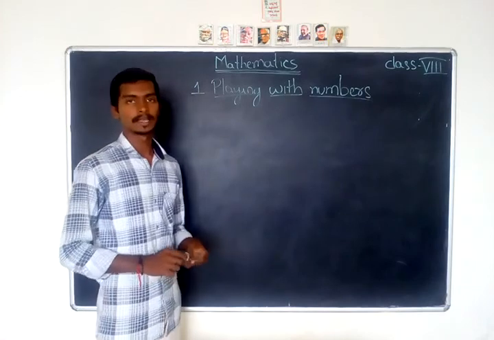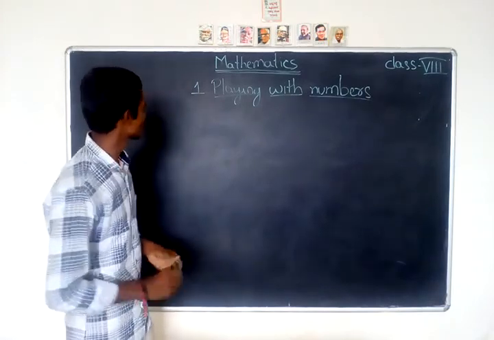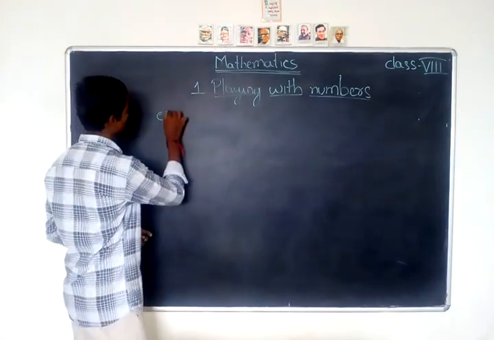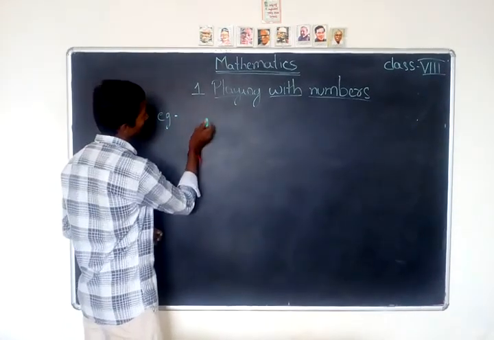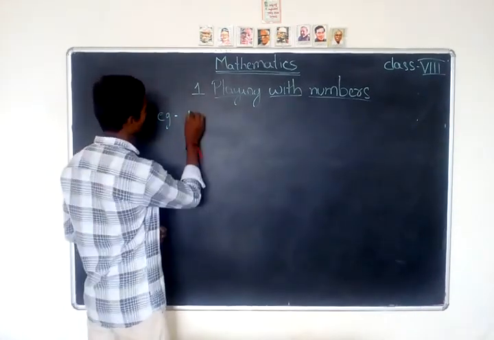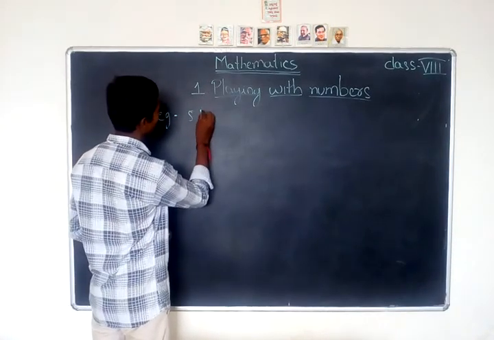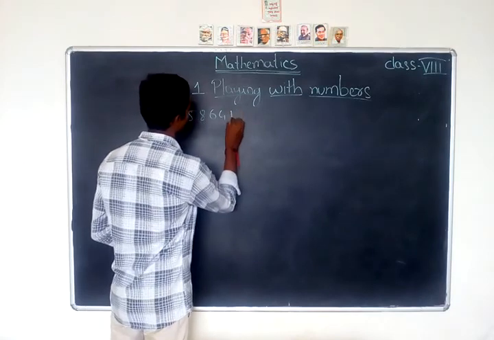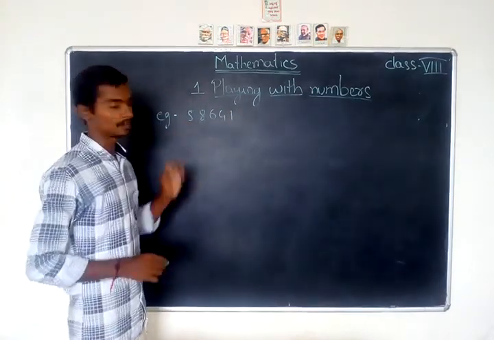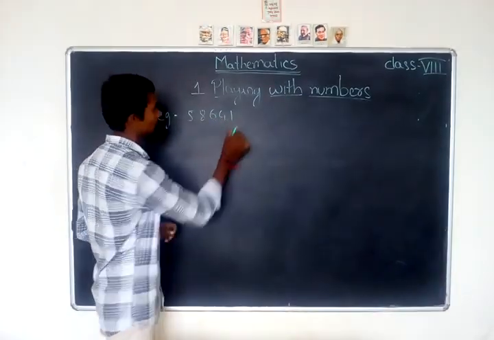Now I will take examples of higher digits. Okay? Example. I will take a 5-digit number. 5, 8, 6, 4, 1. This is a 5-digit number. 1, 2, 3, 4, 5. Okay?